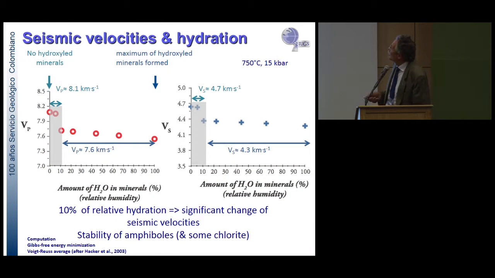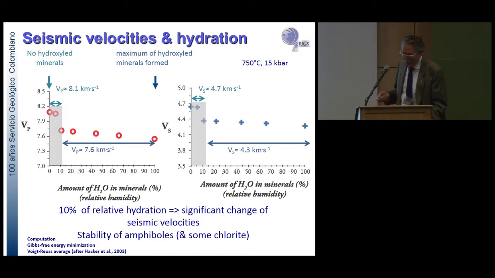But to leave you with these ugly diagrams, we go further. We did then the calculation of the wave velocities. And you see, if you add about 10% of hydroxyl minerals to the mantle, your wave velocities drop dramatically. Here, for the VP, from 8.1 down to 7.6 or something, and it's the same for the VS velocities, from 4.7 down to 4.4.